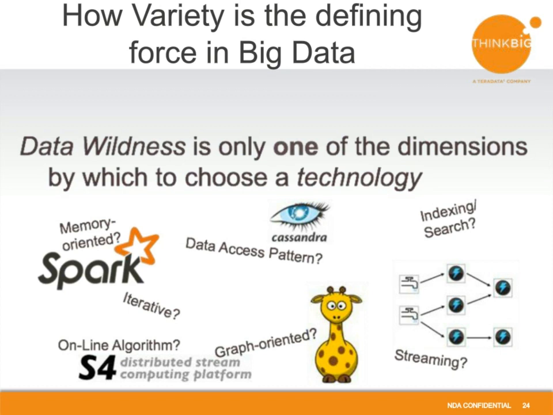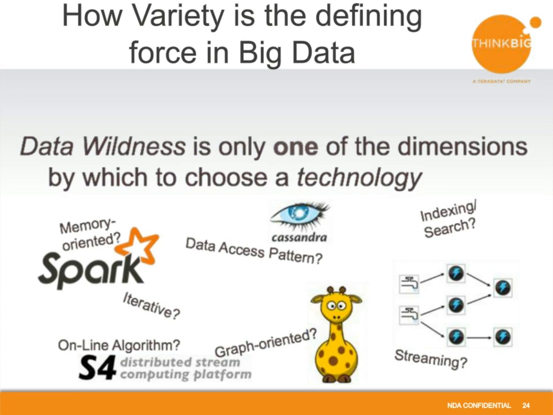Big data has so many different choices for analysis. Maybe you want a much more memory-oriented, iterative approach with smaller data sets using Spark. You could have data access patterns that are more pre-built with Cassandra or HBase.